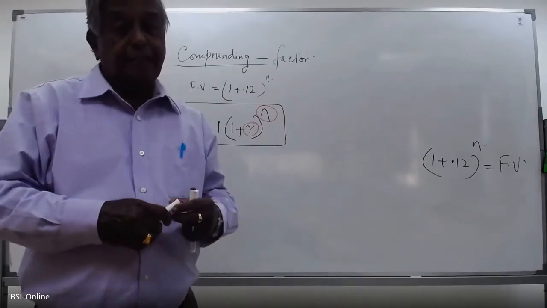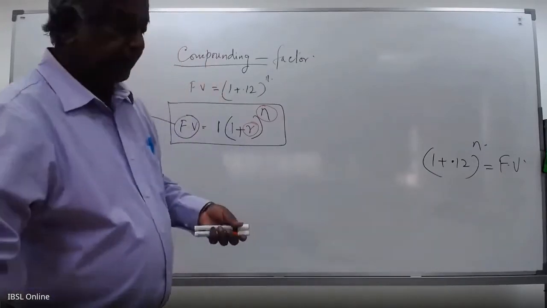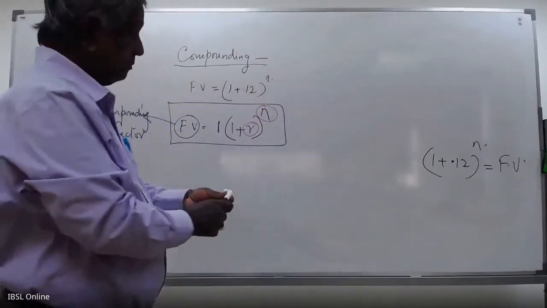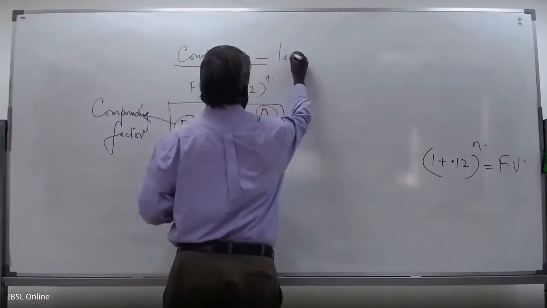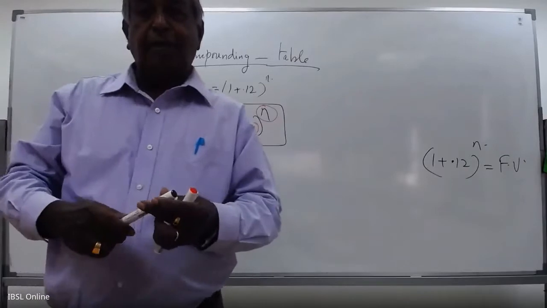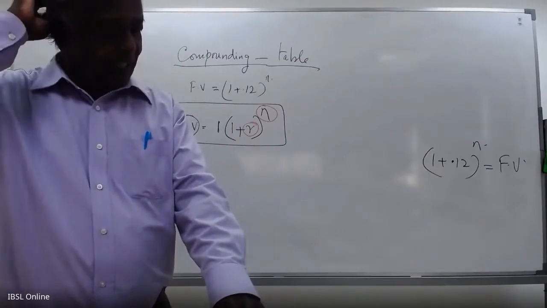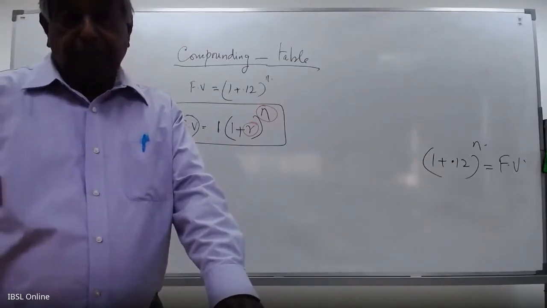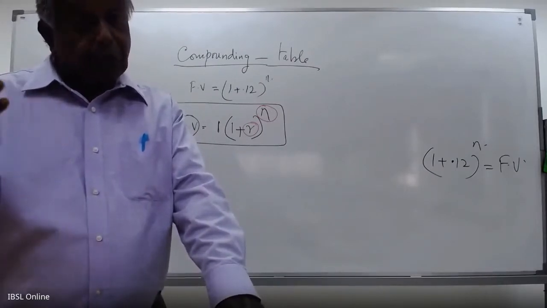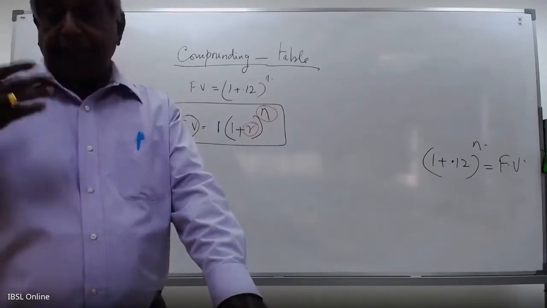So there is a compounding table, like the tables you would have studied earlier: logarithm table, slope table, and for people who have done mathematics, trigonometry, tangent, cotangent, sine table, cosine table.